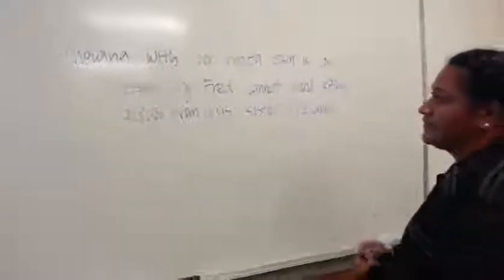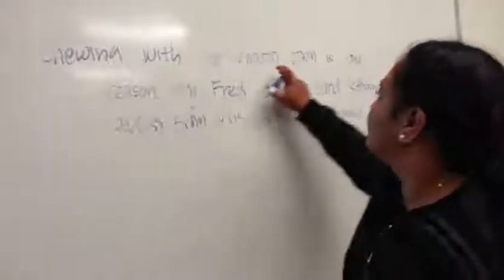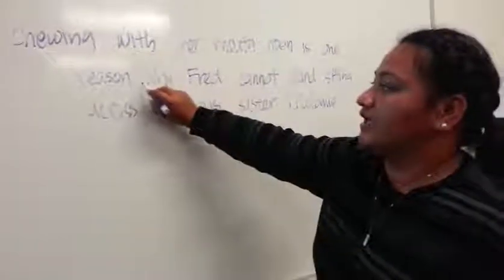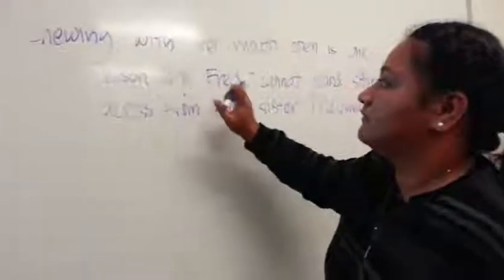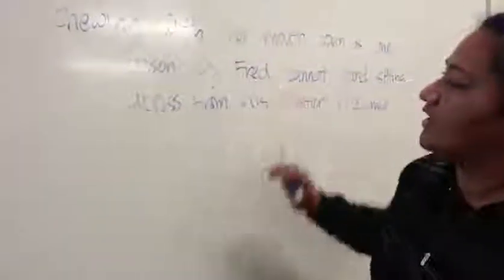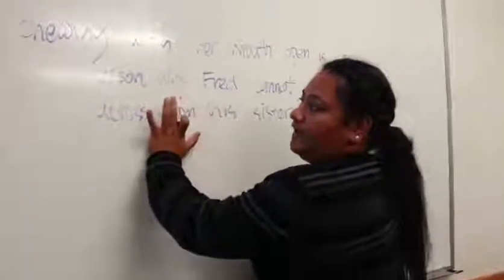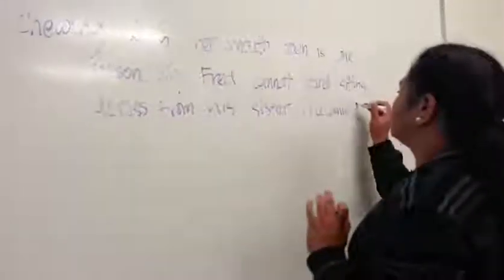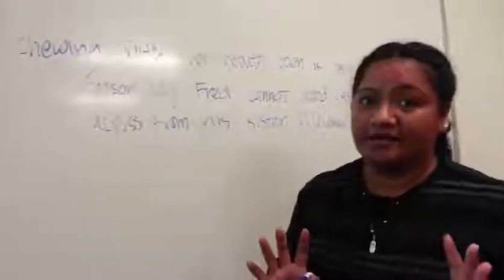Okay, so in this case, chewing with her mouth open is one reason, the main clause. The relative adverb why modifies the reason. So it's extra information, and this is where the adjective clause comes in. Understand? Okay, let's go back to the PowerPoint.